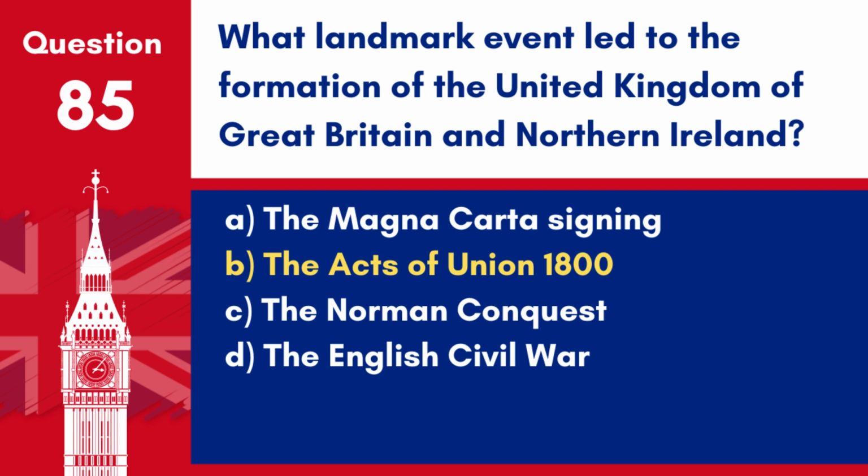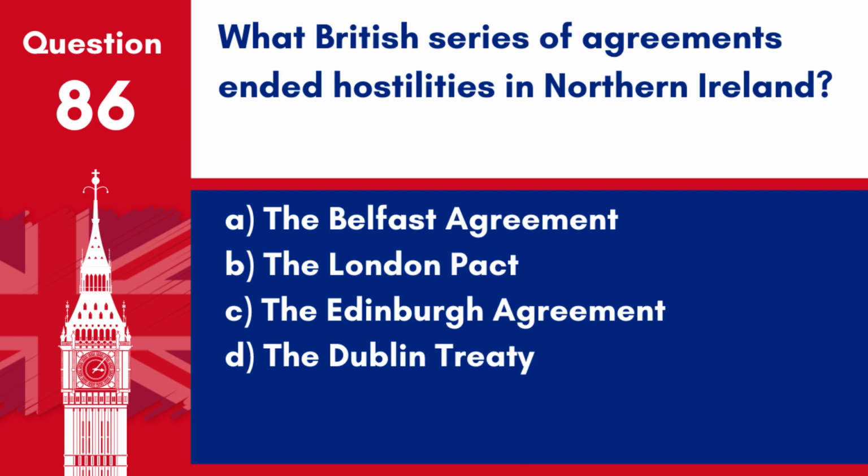This set of acts united the Kingdom of Great Britain with the Kingdom of Ireland in 1801, forming the United Kingdom of Great Britain and Northern Ireland. Question 86. What British series of agreements ended hostilities in Northern Ireland? A. The Belfast Agreement. B. The London Pact.